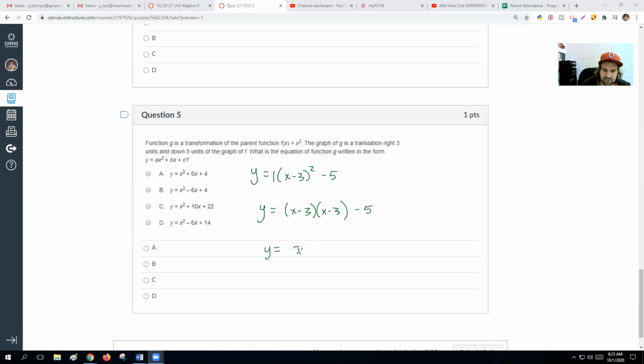X times x is x squared. X times negative 3 is a negative 3x. Negative 3 times x is also a negative 3x. Negative 3 times negative 3 is a positive 9. Now we have our minus 5 here. We can combine these like terms in one step. We get x squared minus 6x and then plus 4. That looks like choice B.